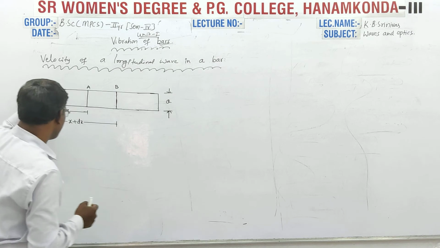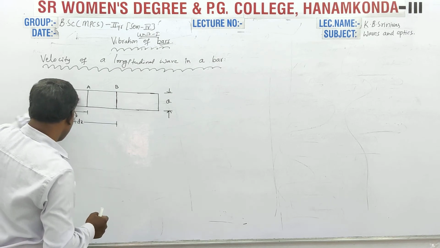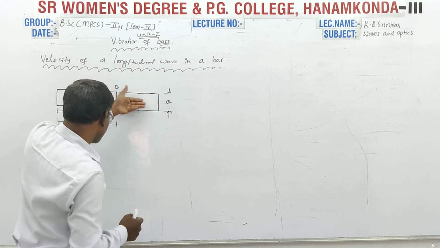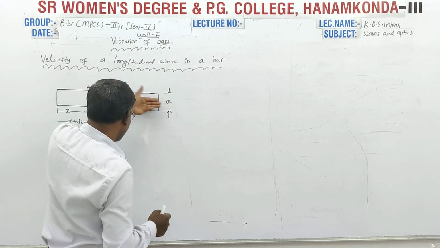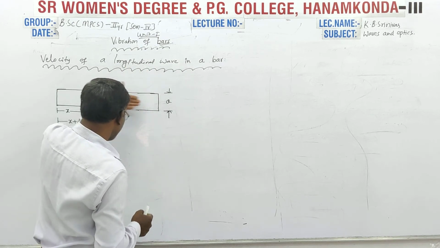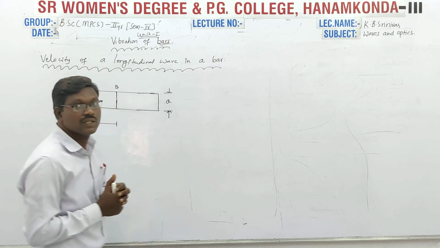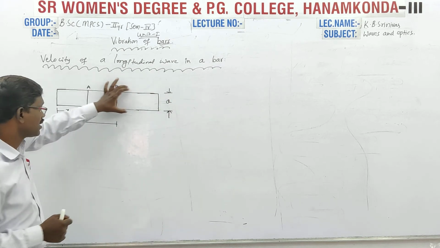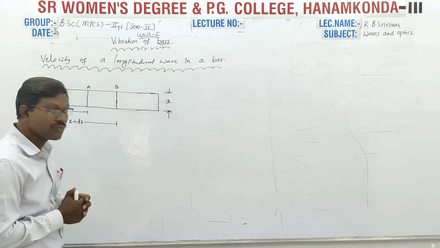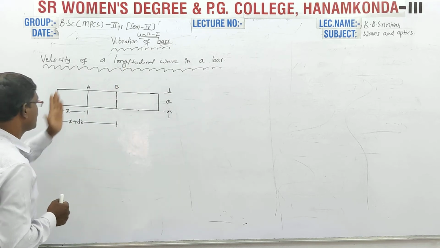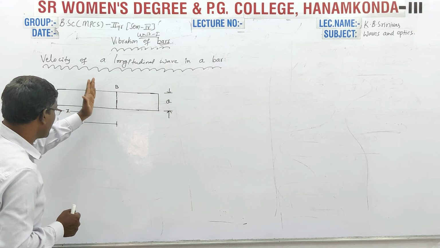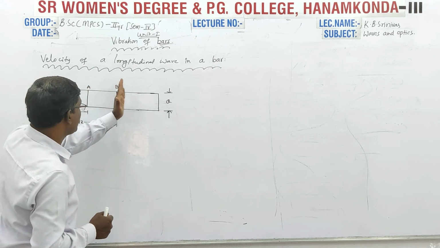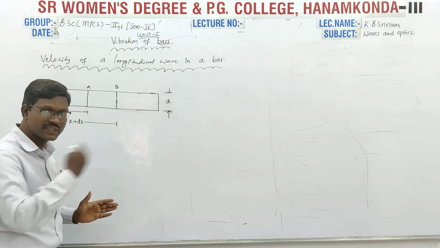When longitudinal wave is traveling, all the planes vibrate along the direction, not like this, they vibrate like this. So when this bar is allowing longitudinal waves, what happens? This A plane will be displaced to A dash, B plane will be displaced to B dash due to that vibration.